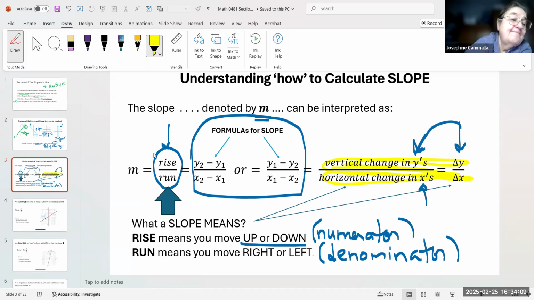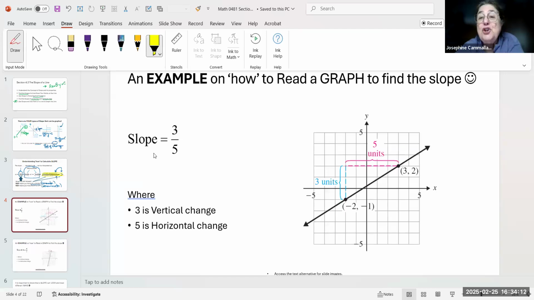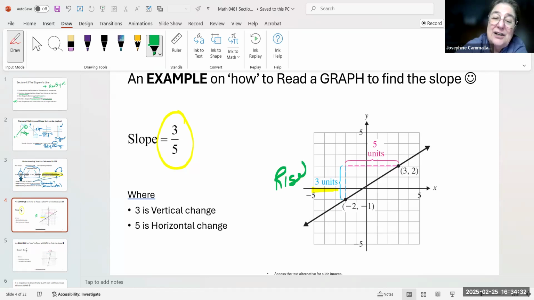Now, let me show you what I mean. Okay, this is the slope shown on this picture. Now, I want you to notice the blue. The blue is known as the rise. From this point, I'm going up 3, which makes this a positive 3.